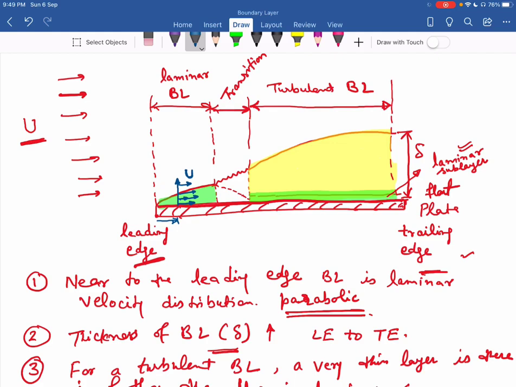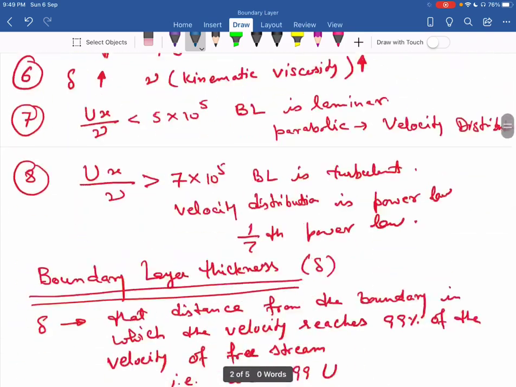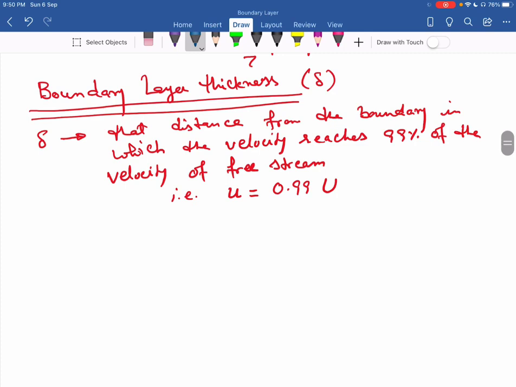Now keep in your mind that this definition gives us only an approximate value of the boundary layer thickness. It is not the exact value; it gives us some idea of that thickness. So for greater accuracy, we have three different definitions of boundary layer thickness.